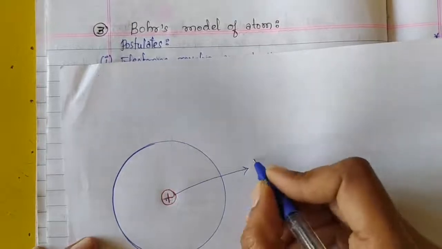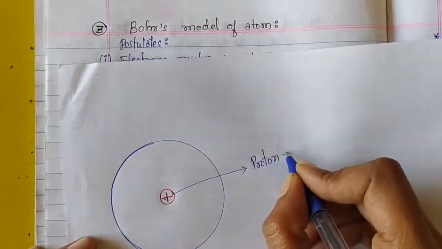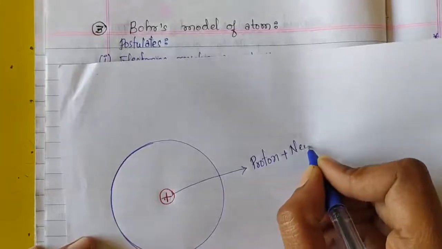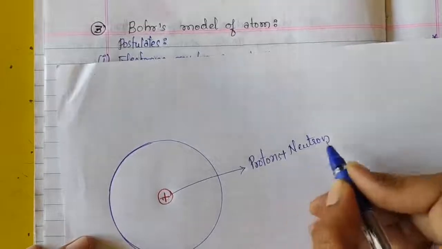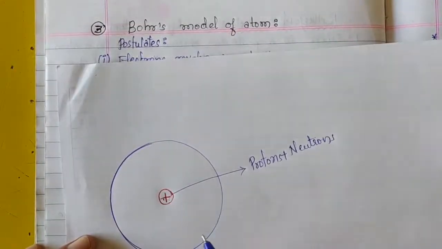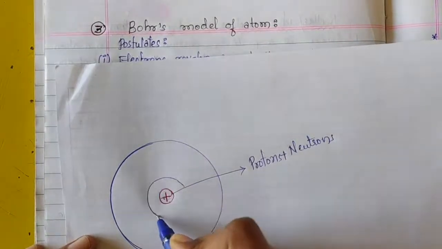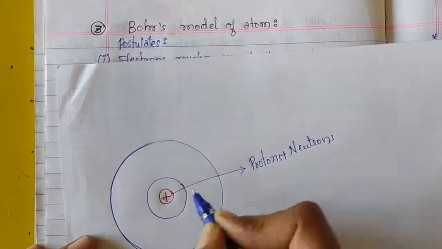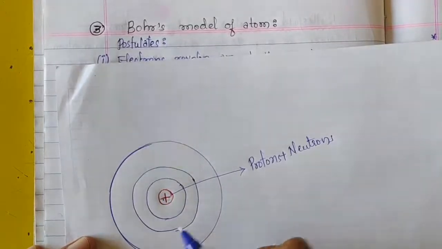Inside this nucleus, protons and neutrons are present. Okay, and electrons are revolving around this nucleus in a circular definite path.